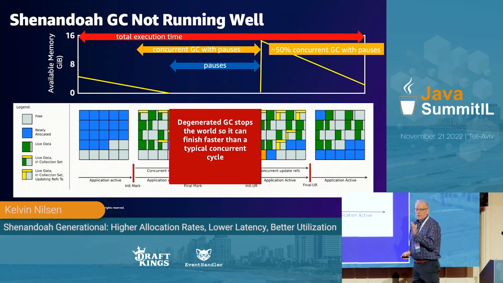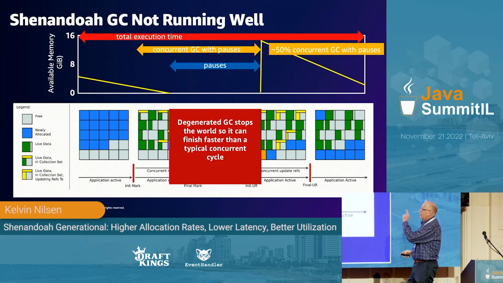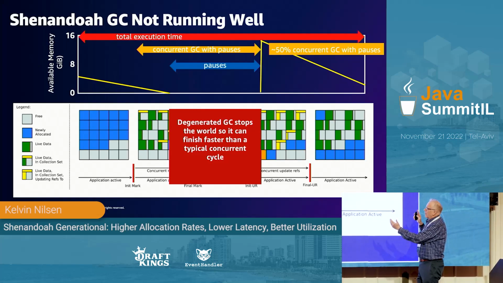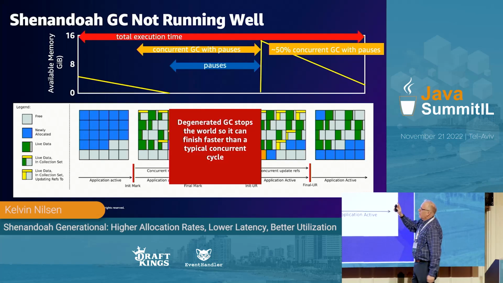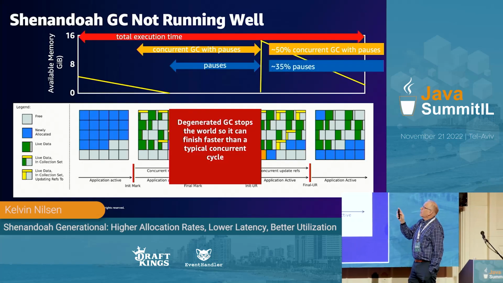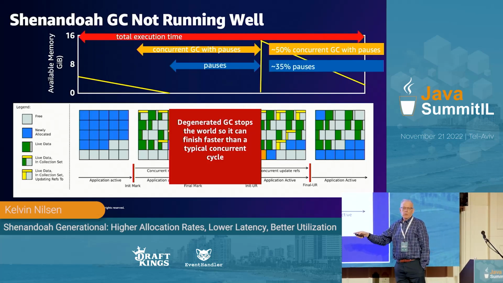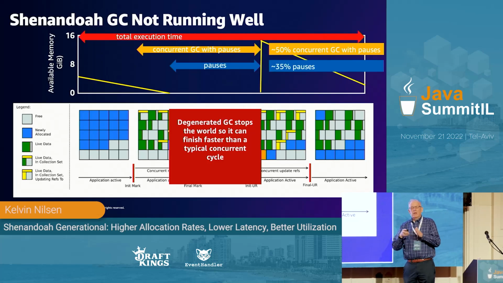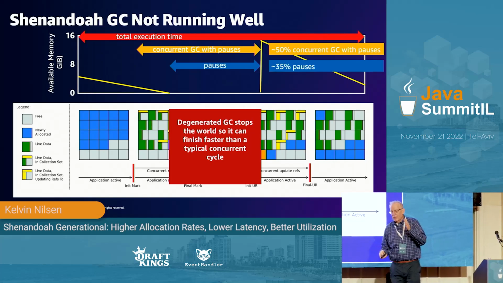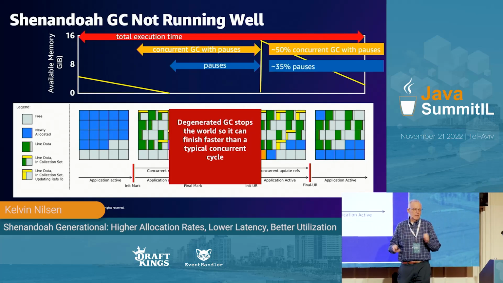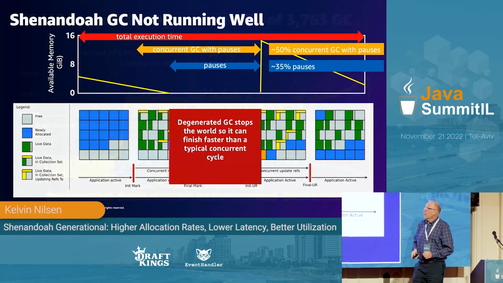So just to summarize what we see in this example, we're spending about 50% of our total execution time in concurrent GC with pauses, and about 35% of our time totally paused. So out of every second of execution time, I'm spending 350 milliseconds paused, for example.